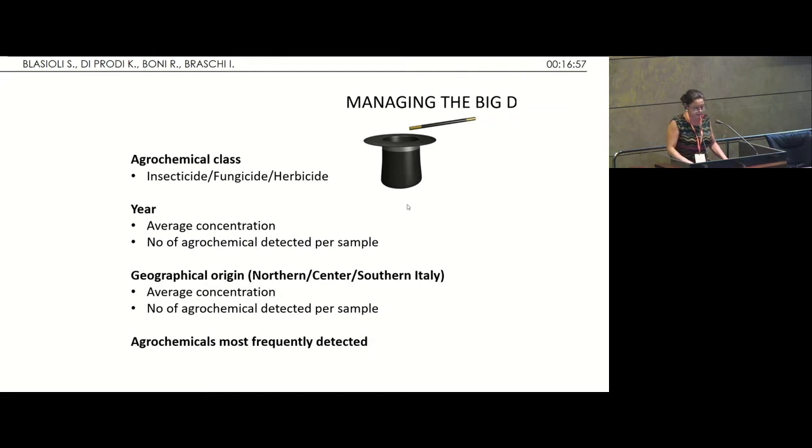We elaborated the data year by year, especially the average concentration contained in each crop and the number of agrochemicals detected per sample. Of course, we checked the geographical origin in Italy, and we produced the figure representing the agrochemicals most frequently detected.